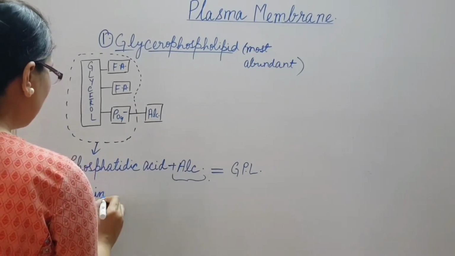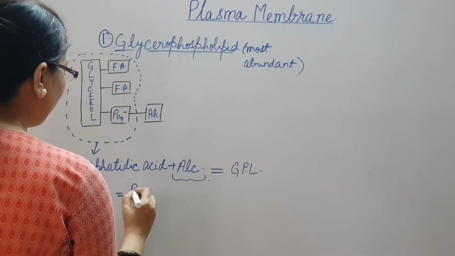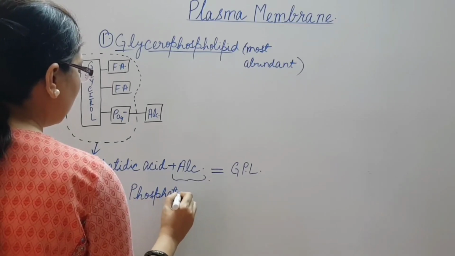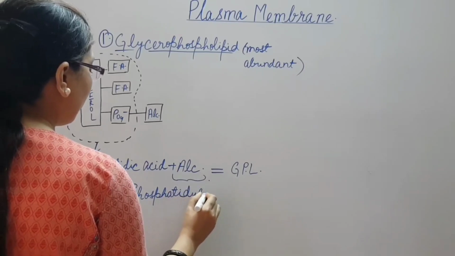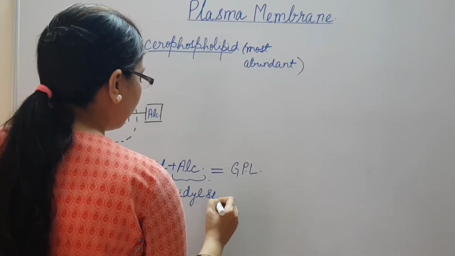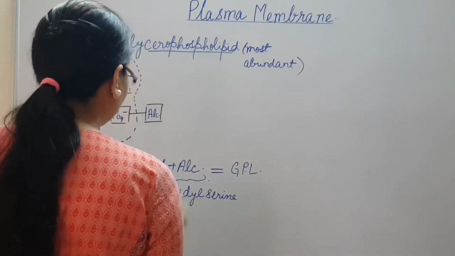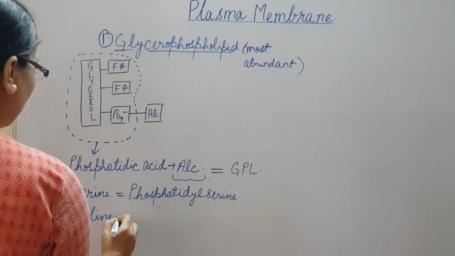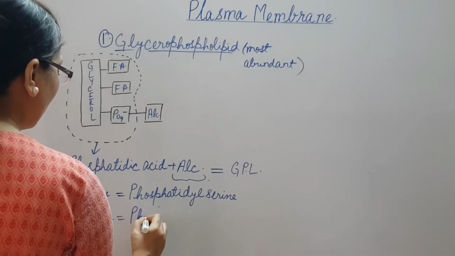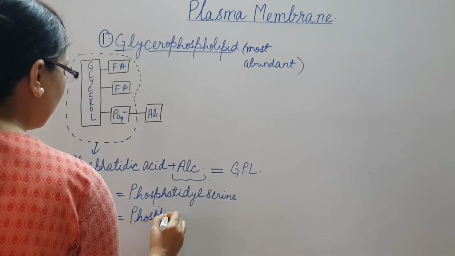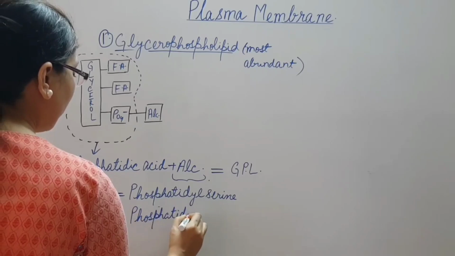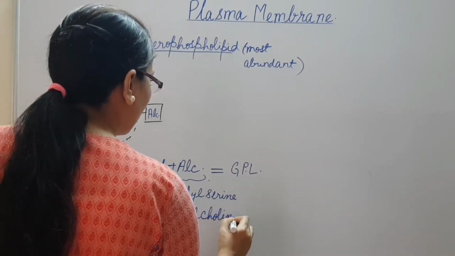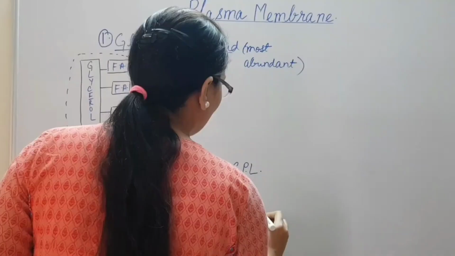If the alcohol is serine, then it is known as phosphatidylserine. If the alcoholic group attached is choline, then it is known as phosphatidylcholine. It is also known as lecithin.